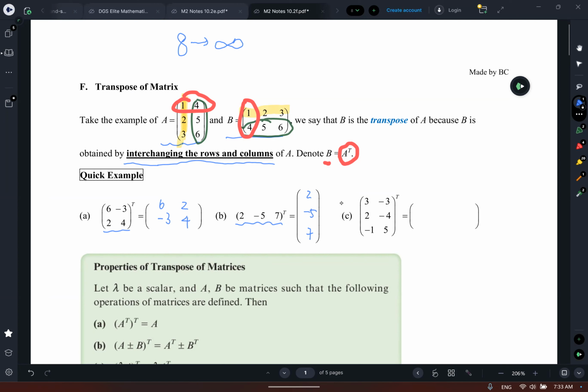And then this one is a 3 by 2, right? And after transpose, 3, 2, 1, -3, -4, 5. This will be a 2 by 3 matrix. I think for a non-square matrix, it's very clear that the transpose has a different size. But for a square matrix, it's still the same.